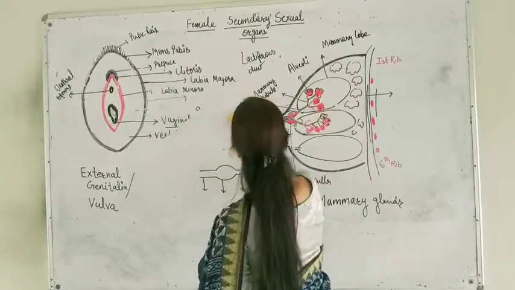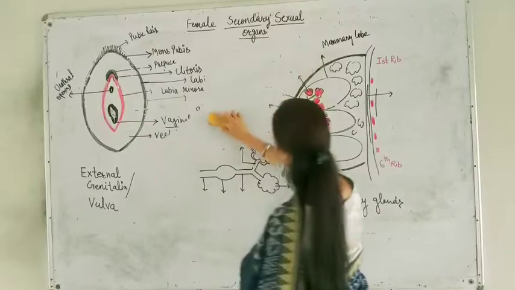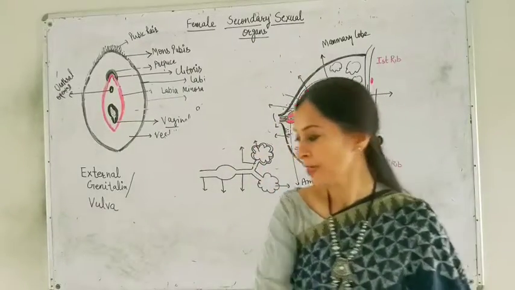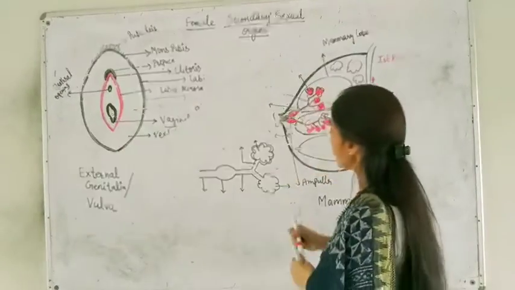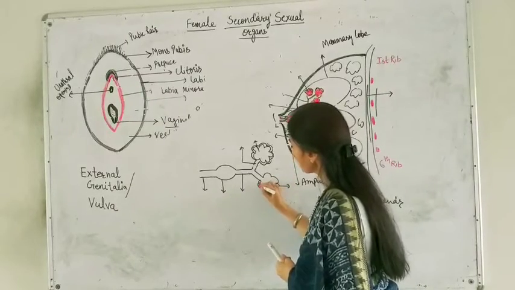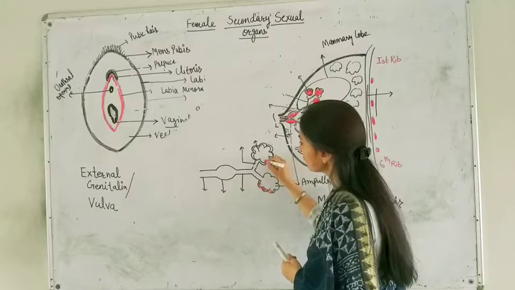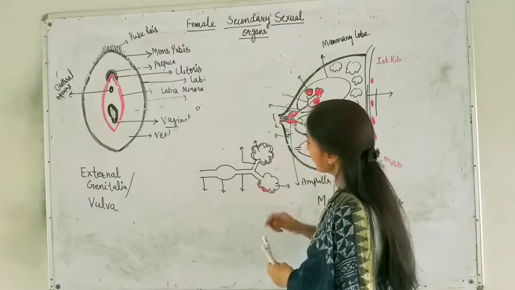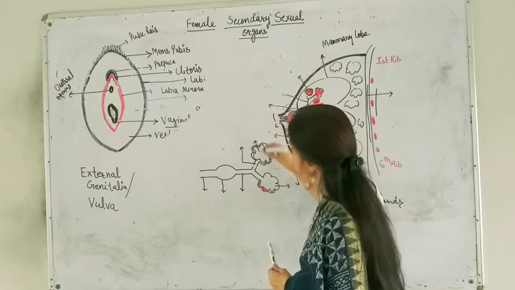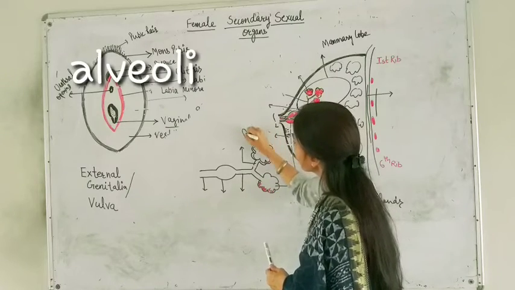Let's have its labeling again. Firstly, I told you that there is a cluster of cells. This is the cluster of cells, a group of cells which is known as alveoli.